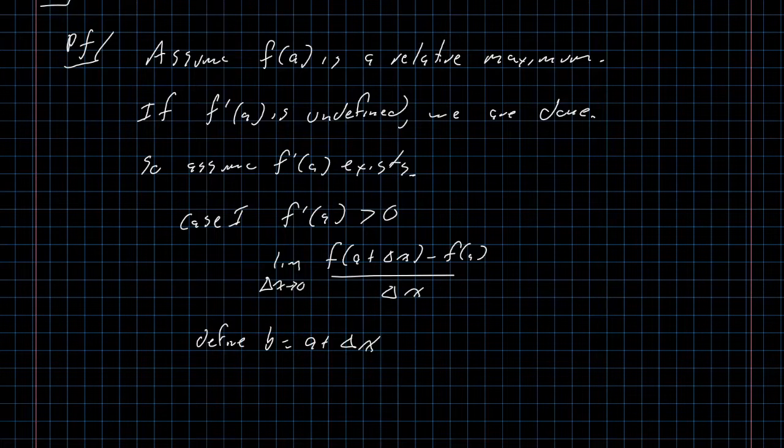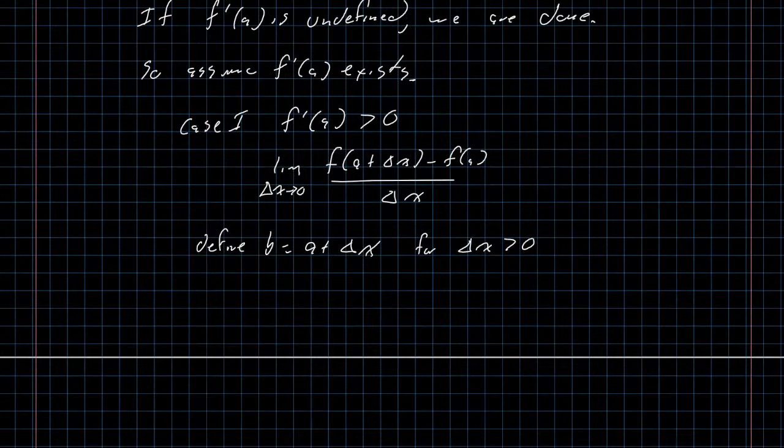So let's define b equals a plus delta x for some delta x larger than 0. And now we have f of b minus f of a over, well, if b is a plus delta x, then delta x itself must be b minus a. And we are taking the limit, but we know that we want this result to be bigger than zero.